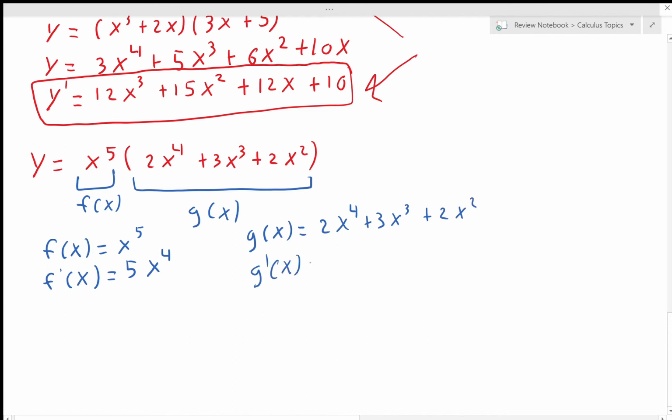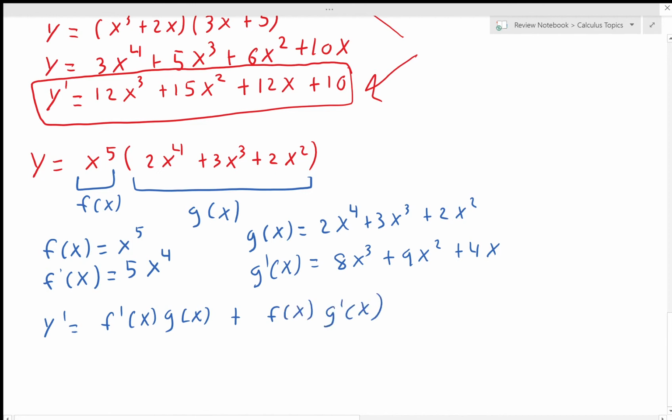Derivative of that, 8x to the 3rd plus 9x squared plus 4x. Rewriting what our derivative would be, derivative of the first times the second plus the first times the derivative of the second. We have it all right in front of us.